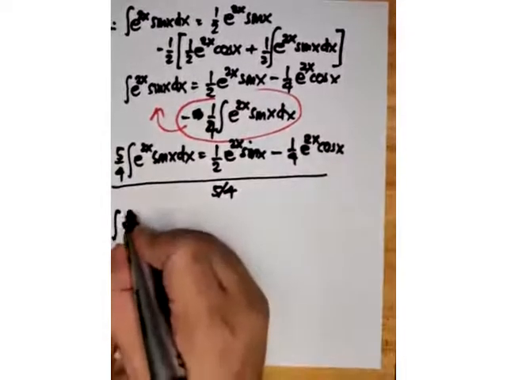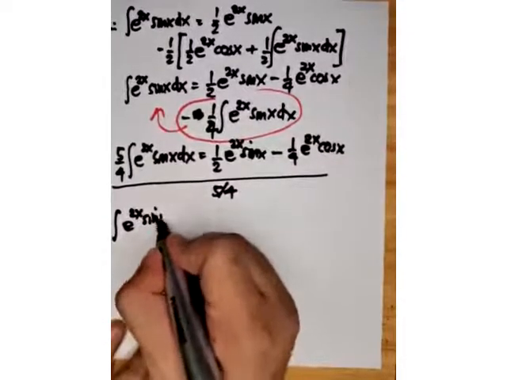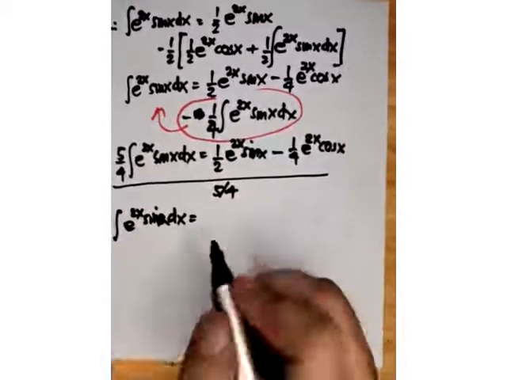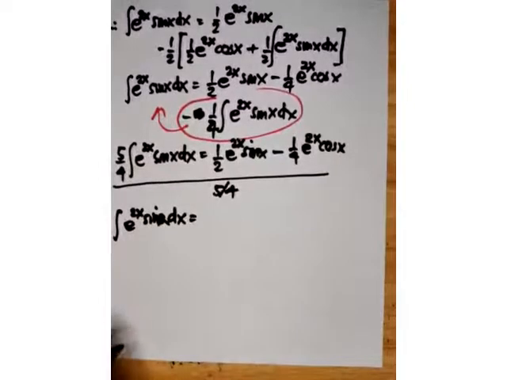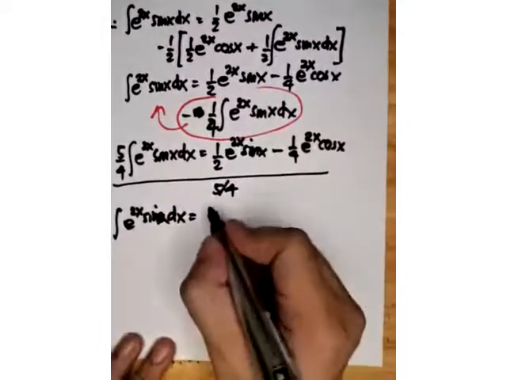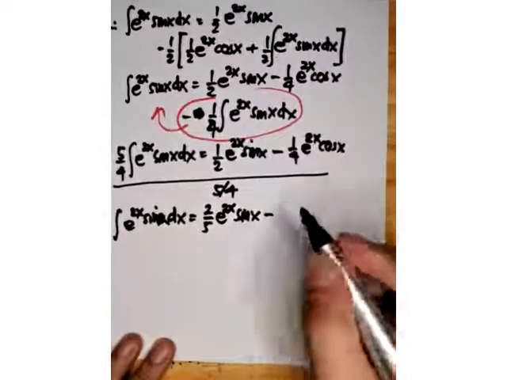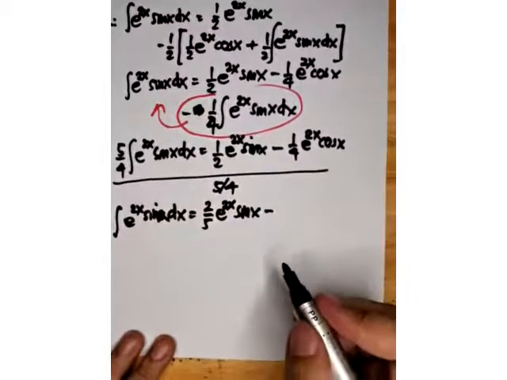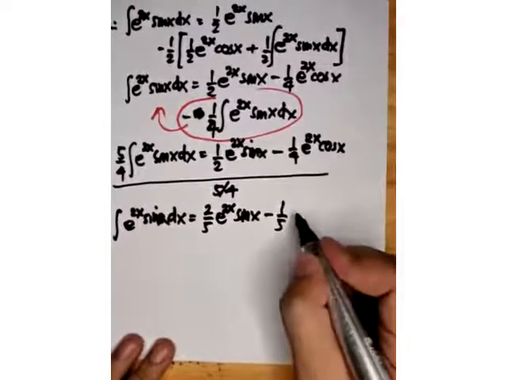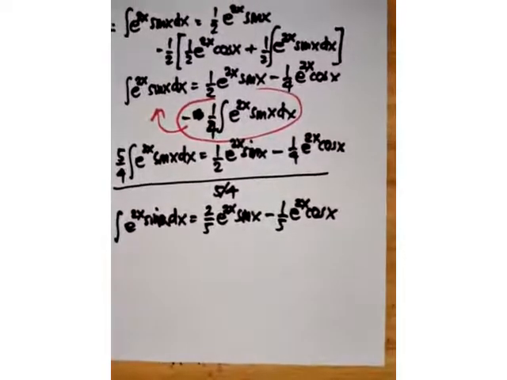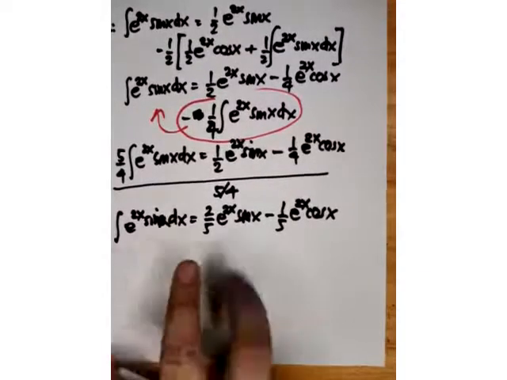So the integral of e raised to 2x sine x dx is equal to 2/5 e raised to 2x sine x minus 1/5 e raised to 2x cosine x. Okay.